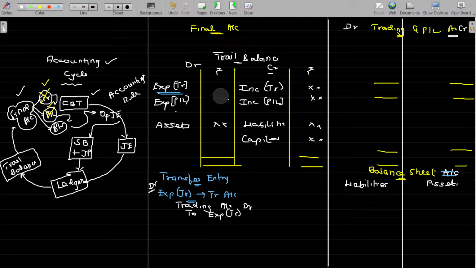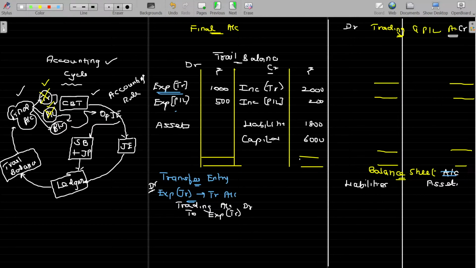For your better understanding, I'll give assumed numbers also here. Trading account expenses being 1000, profit and loss expenses 500, trading income 2000 rupees, profit and loss income 200 rupees, liabilities 1800 rupees, and capital 6000 rupees.